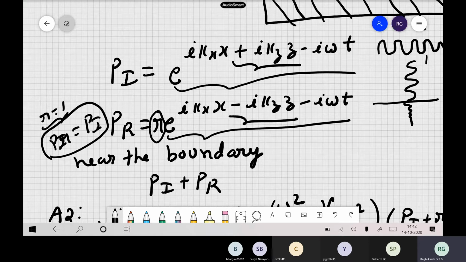Whatever wave you hit, the same wave with the same amplitude comes back. So your outgoing wave is like this, your reflected wave is also like this, and you have to sum it up. Automatically its amplitude becomes double.